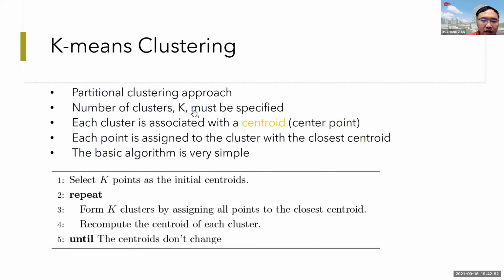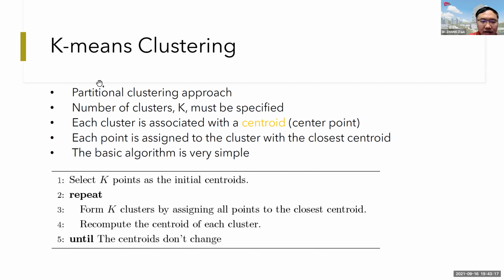Okay, and this capital K is usually specified before we apply the clustering algorithm. That means in using K-means, you need to determine the value of K. And such a determination can be arbitrary or can follow some numerical process.